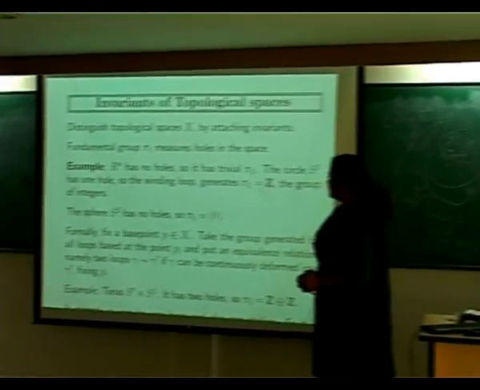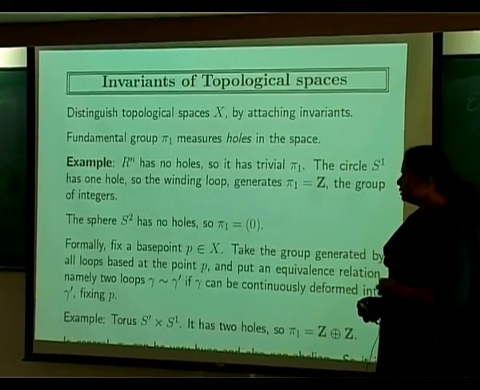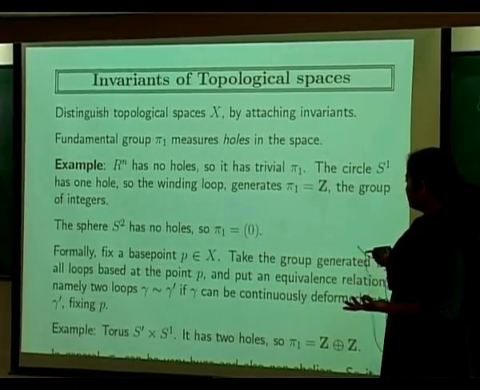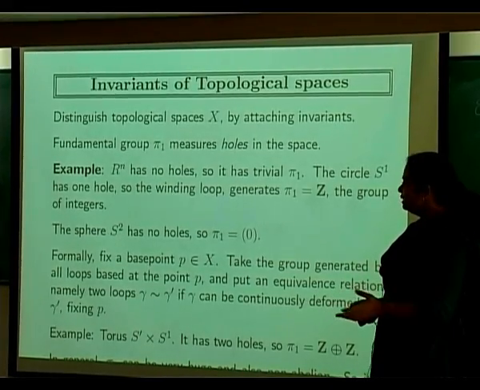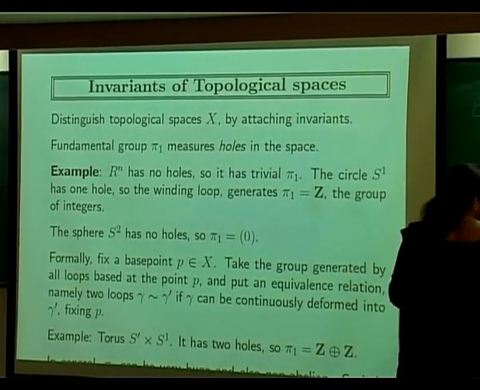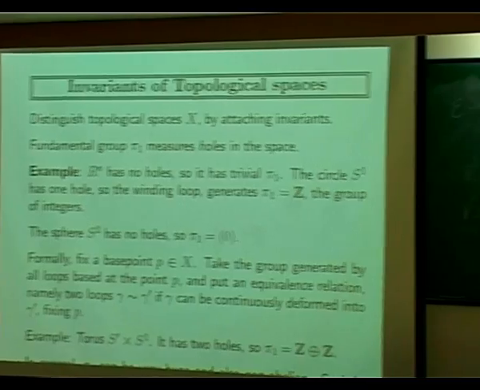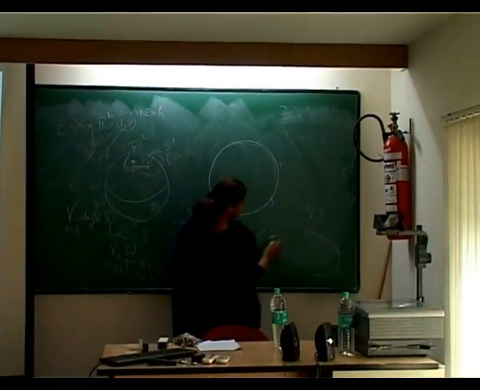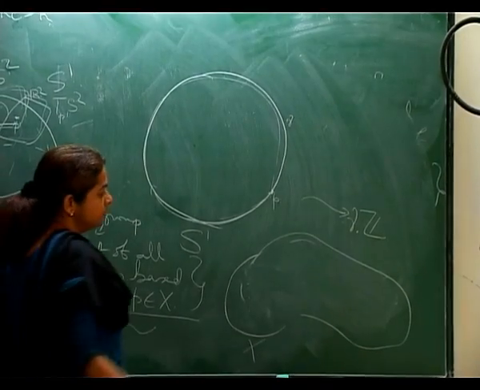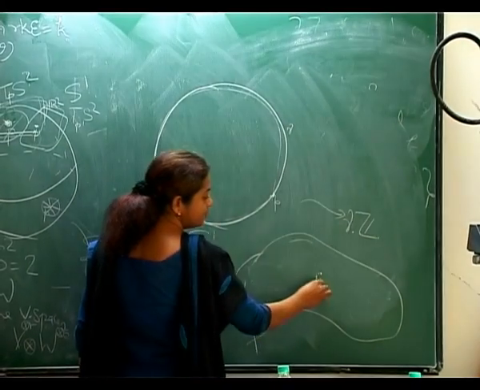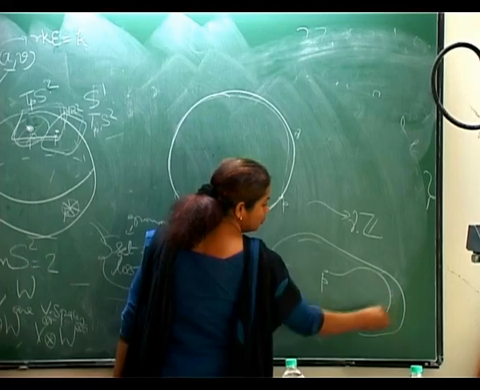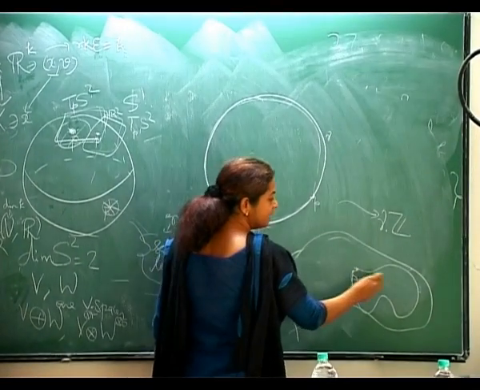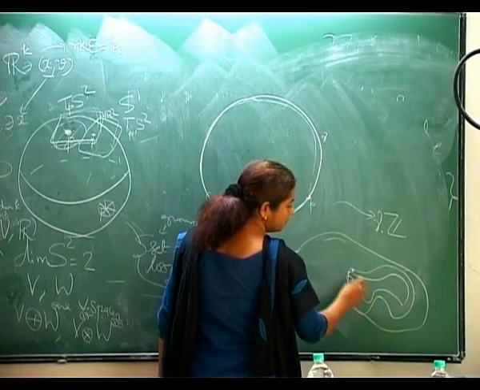If you take two loops, you say that they are equivalent, meaning they are the same, if one can be continuously deformed into the other loop. I begin with one loop, I fix a base point P here, and I take some loop like this, and then I say that this loop is the same as this loop.